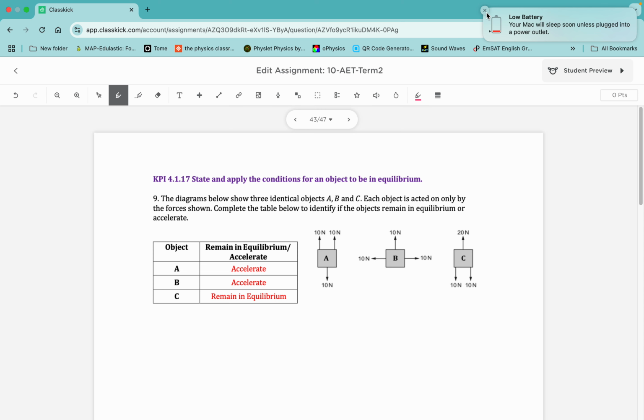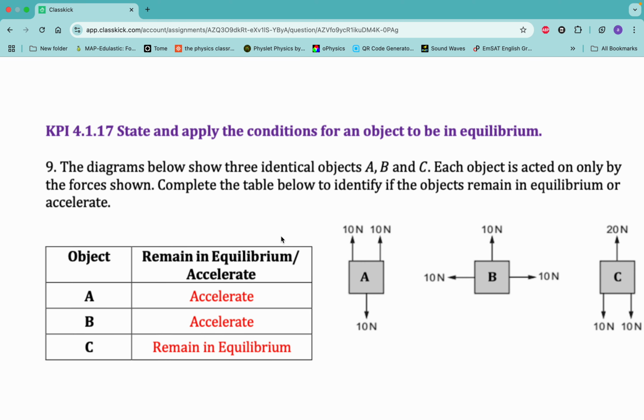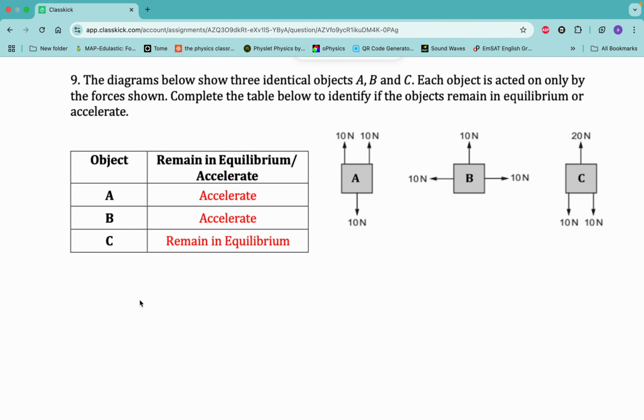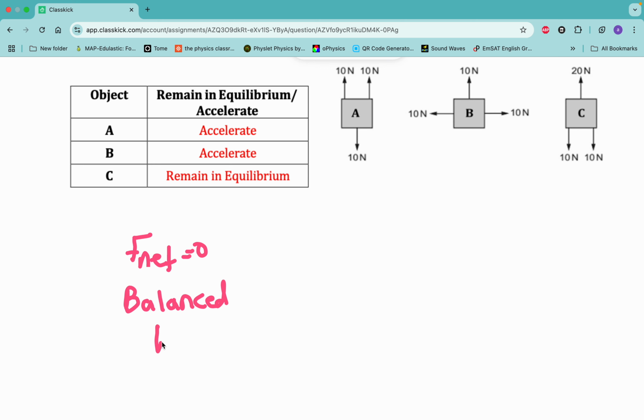Finally, the last question talks about remaining in equilibrium, or whether the object will accelerate, and how to decide based on the forces. If the forces are balanced, so the net force is 0, this means we have 0 acceleration, so it remains in equilibrium.